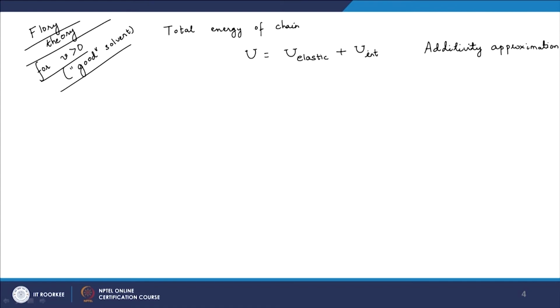And the reason is this: if a chain has a non-bonded interaction, then the elastic energy will not be the same as that in the case of an ideal chain. It will not be as stressed as the ideal chain would be, because it has either a repulsive or an attractive interaction.